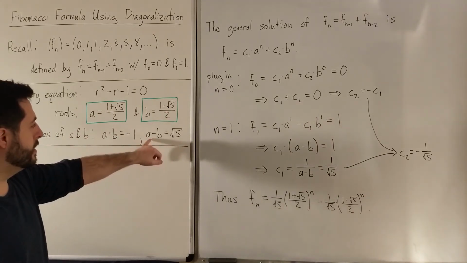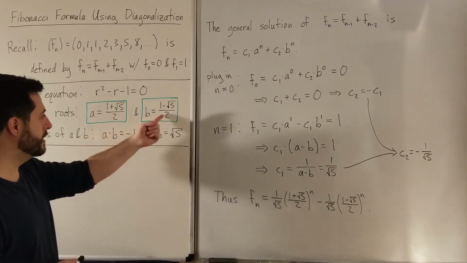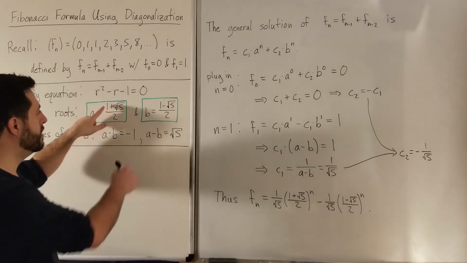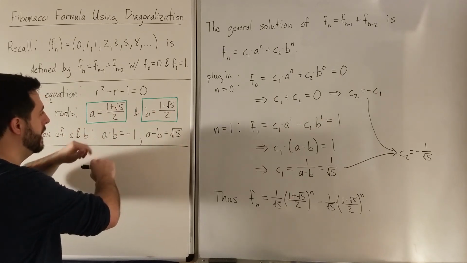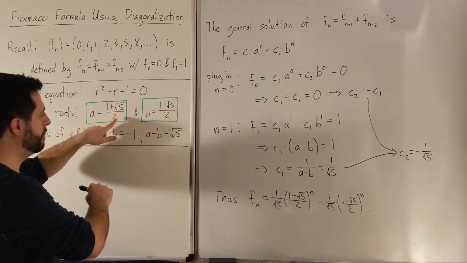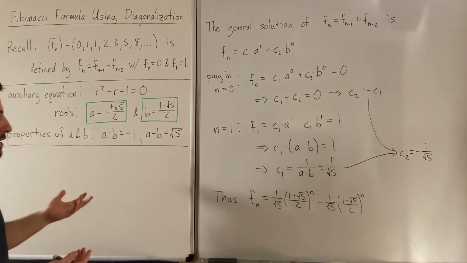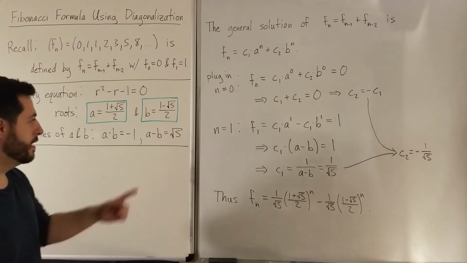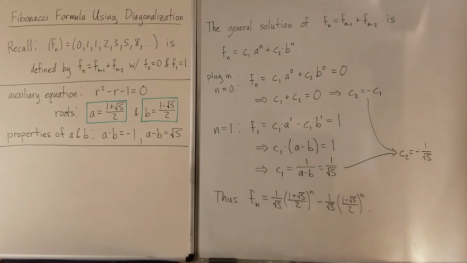Another property that we can see just by looking at a and b is if we subtract them, a minus b, then the 1/2 are going to cancel out, and it's going to leave us with root 5 over 2 minus negative root 5 over 2, and that's just root 5 over 2 plus root 5 over 2, which is root 5. So their difference is just the square root of 5. So we'll use that later.